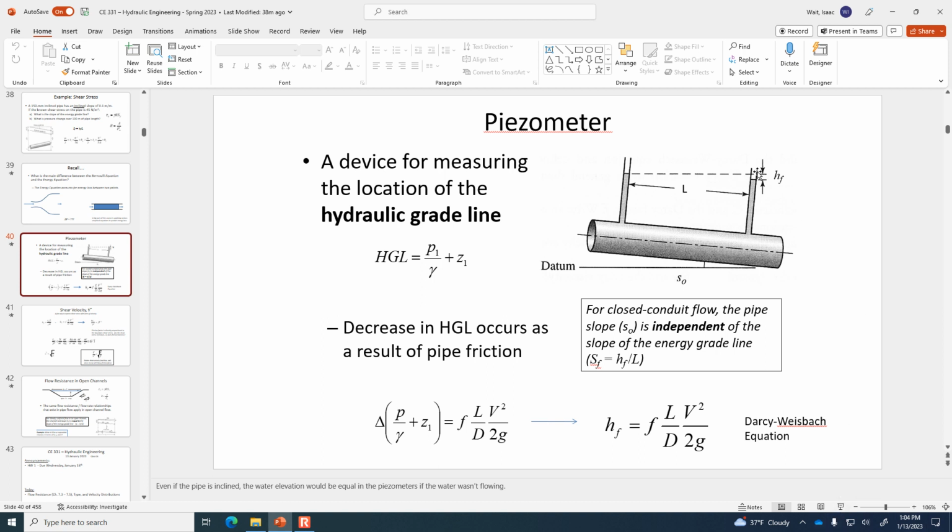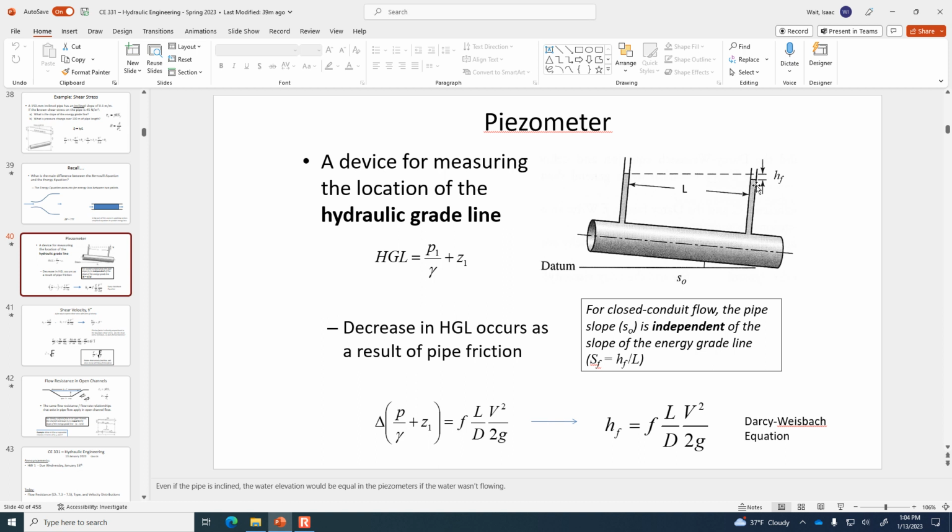And then one more hint as I was looking through the assignment of things I wanted to reiterate and point out: in a piezometer, the difference in water elevation between an upstream and a downstream tap, so this difference in measured water elevation, that is H sub F. That's the head loss due to pipe friction. If water was flowing through a frictionless pipe and there was no resistance to flow, then the water level would rise to the same height.